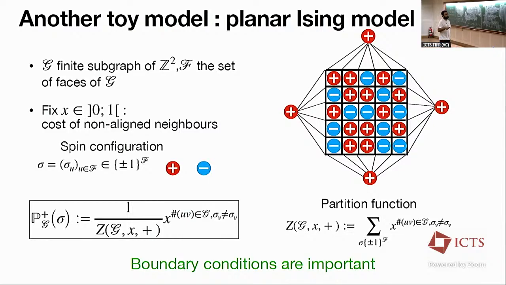I'm going to fix a parameter X between 0 and 1, and X is the cost of having two non-aligned neighbors. In this specific case, the probability of a spin configuration, and here it will be important, is proportional to X to the number of disaligned spins.